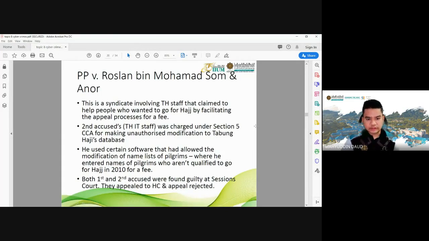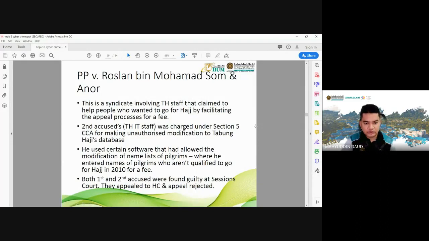So it's a kind of a syndicate. So usually people want to go for Hajj, they have to queue, and according to the facts of the case, if you pay a certain fee, they will help you skip the queue. So this was somehow leaked and discovered.